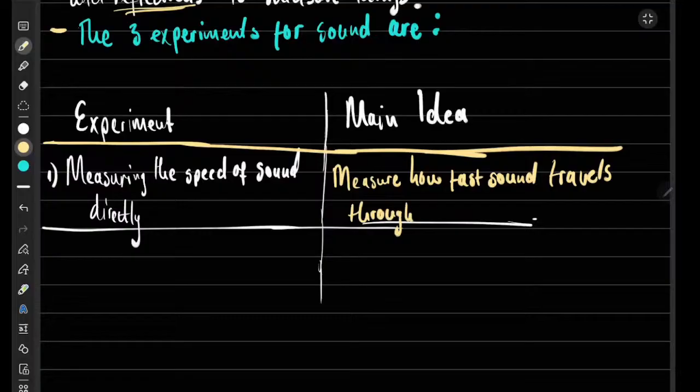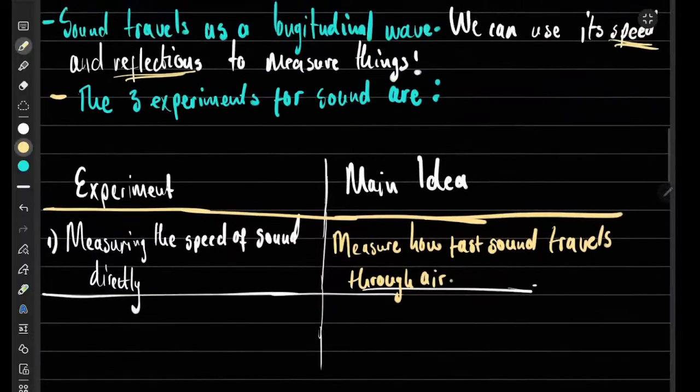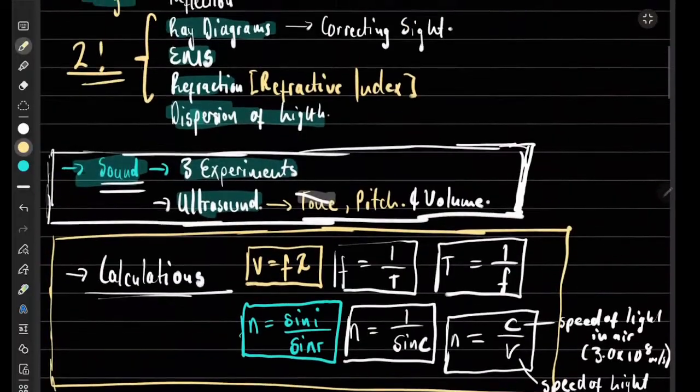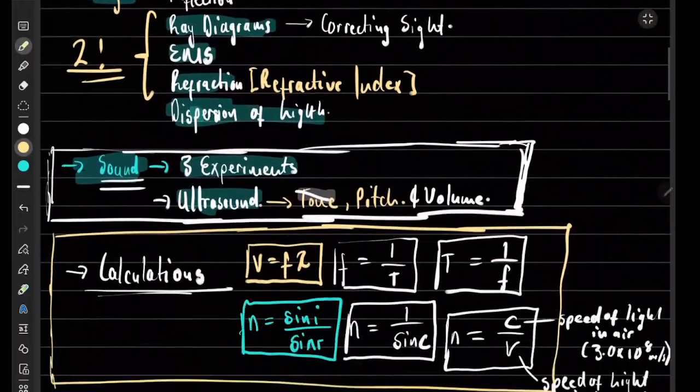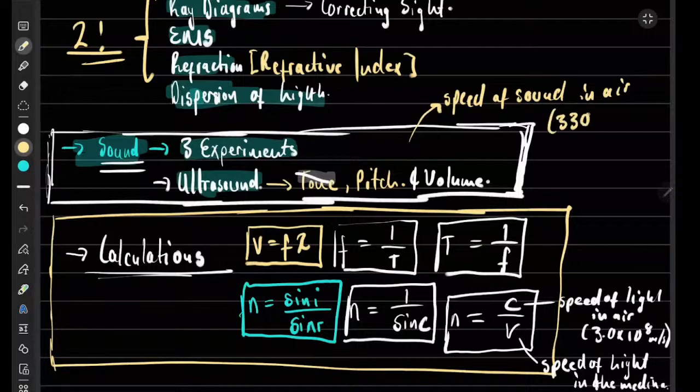You must already know that the speed of sound in air is going to be 330 to 350 meters per second.